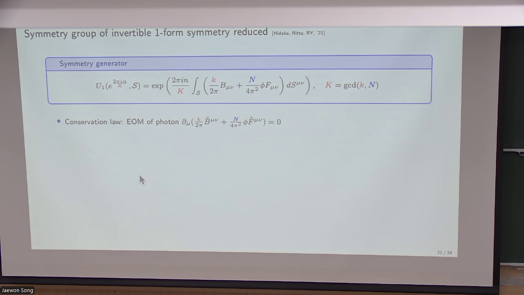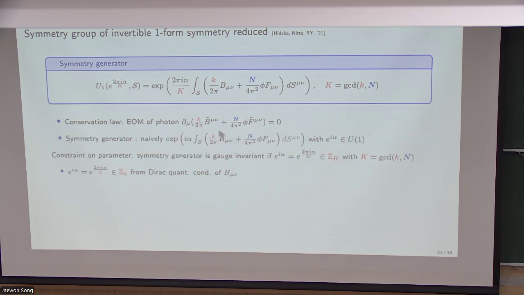This is a bit complicated, but let me explain. By the equation of motion, we have the conservation law, this one. In the presence of the axion-photon coupling, we have this additional term, but it is still a conservation law.